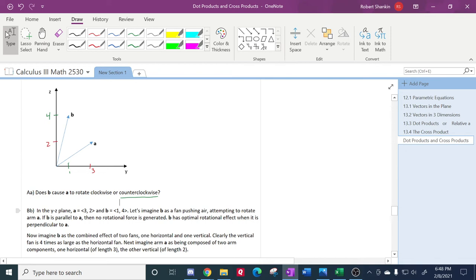B has optimal rotational effect when it is perpendicular to A. Now imagine B as a combined effect of 2 fans, one horizontal and one vertical.